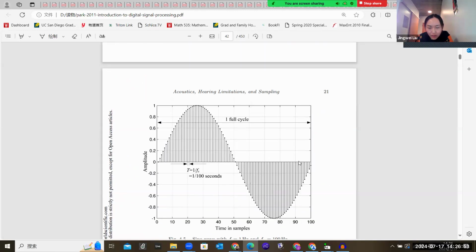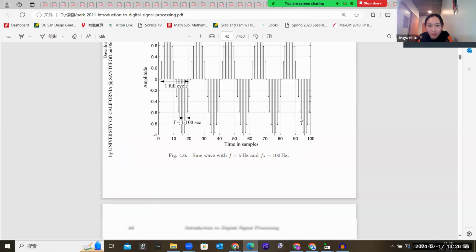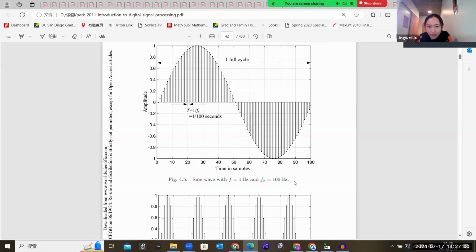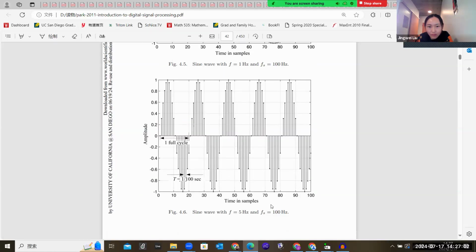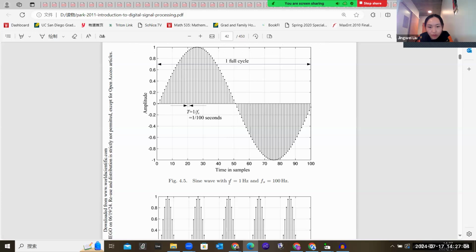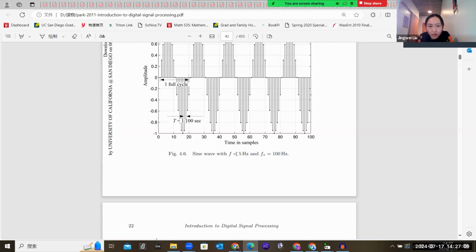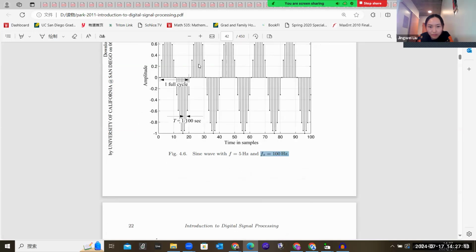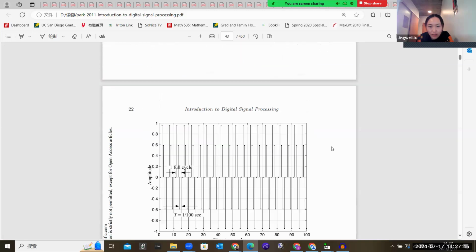Here it talks about the same point. Your frequency here is 1 hertz, and here your frequency is 5 hertz, under the same sampling rate of 100 hertz. So this is the graph you will get.